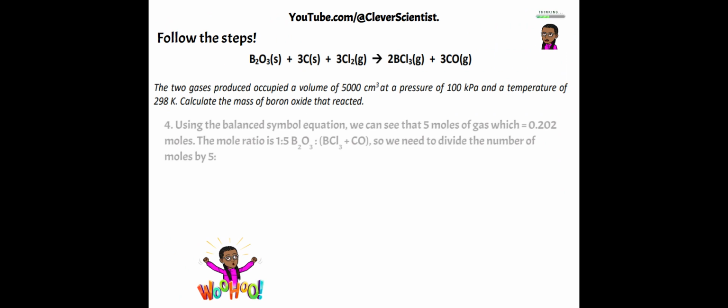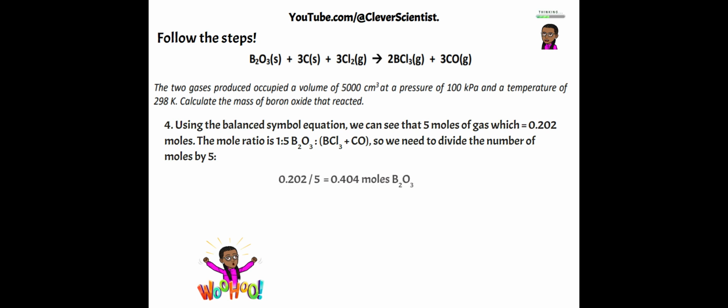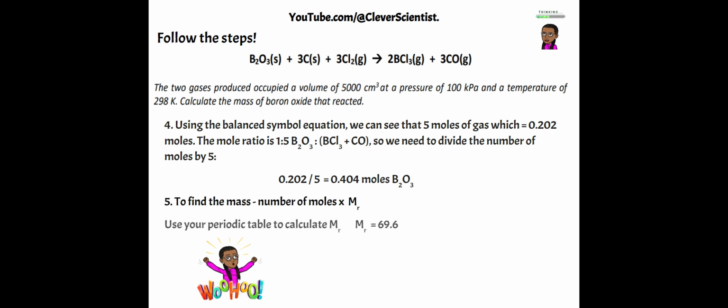Now, we've got to use the balanced symbol equation to look at the mole ratio. And we can see that the reaction produces a total of 5 moles of gas. And we've just worked out that that is 0.202 moles.